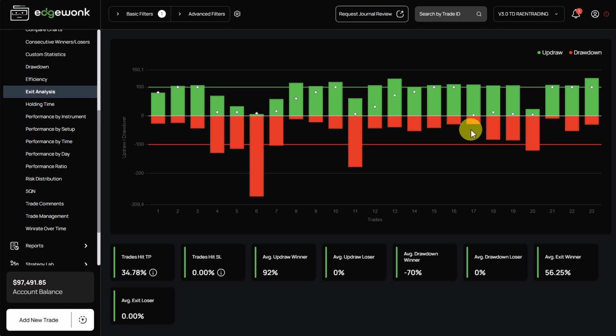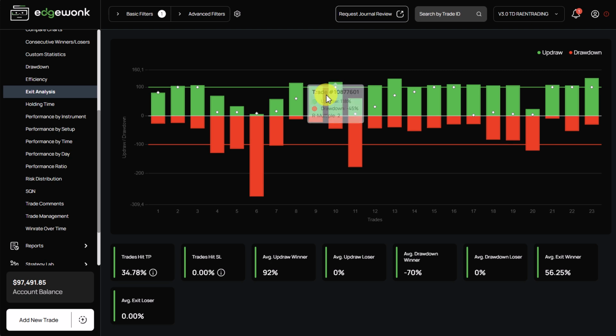But on the other hand, he also has a lot of trades, the majority of the trades on his winners, where the price doesn't move a lot against him. So a winning trade doesn't move against this trader a lot and usually goes in his favor by a significant margin.